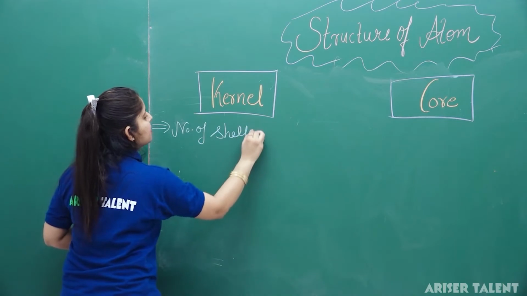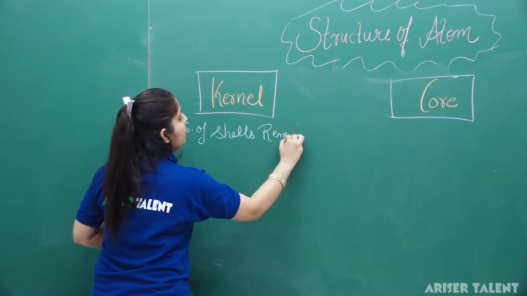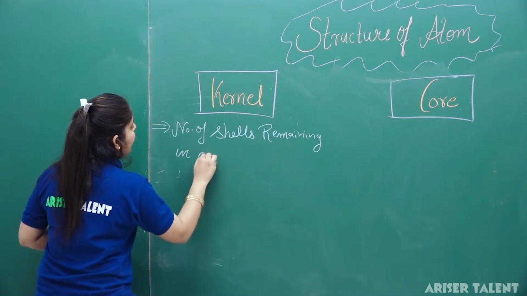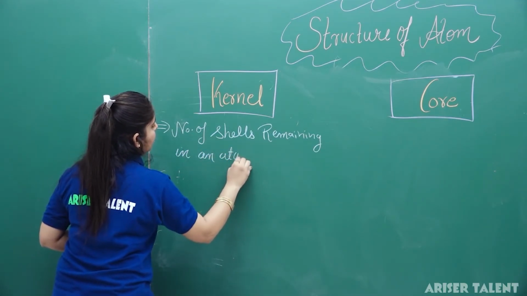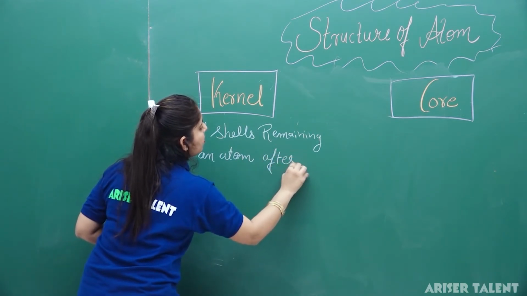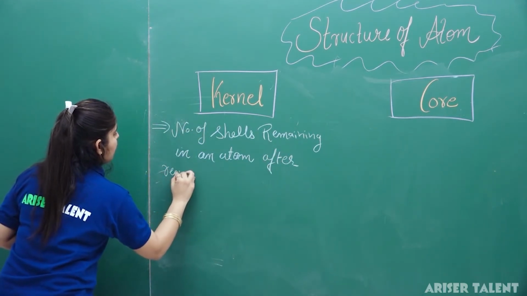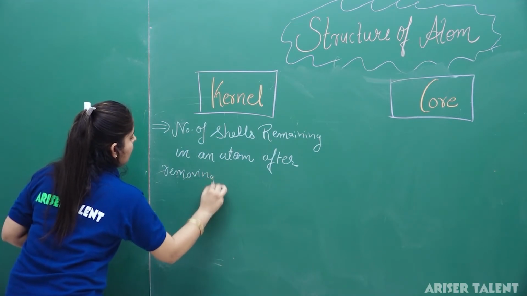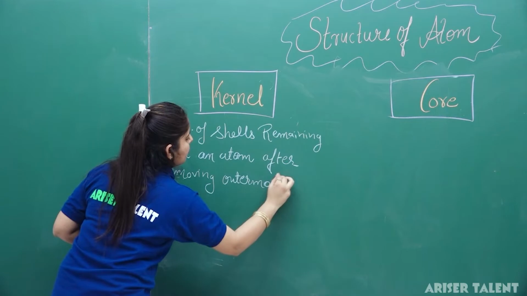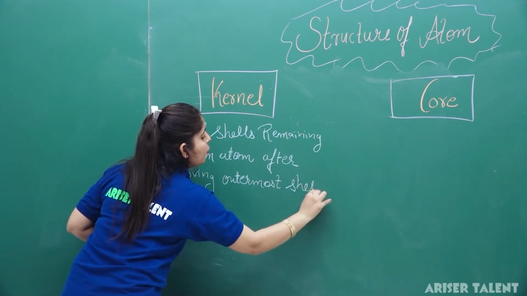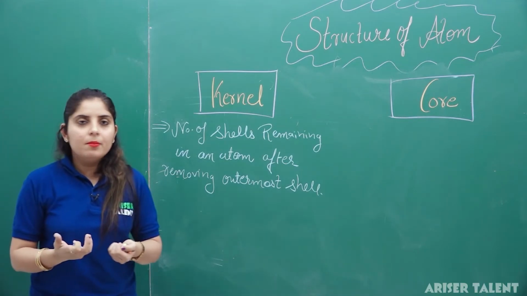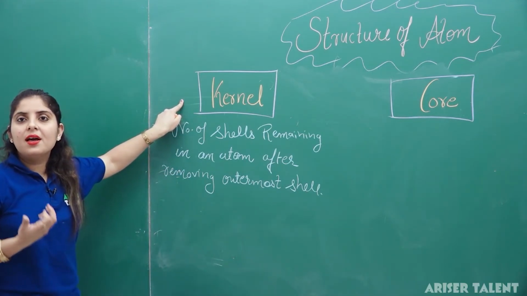The number of shells remaining in an atom after removing the outermost shell. If I remove the outermost shell of an atom, the remaining part of the atom is known as kernel.